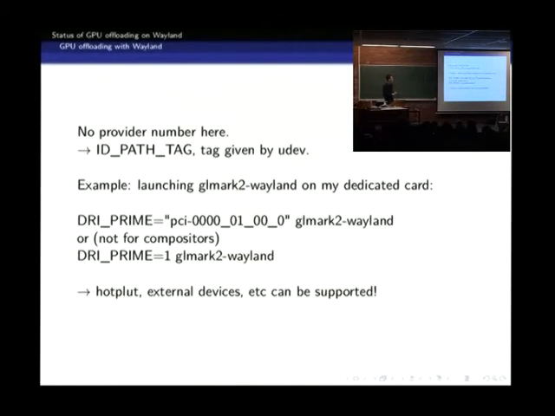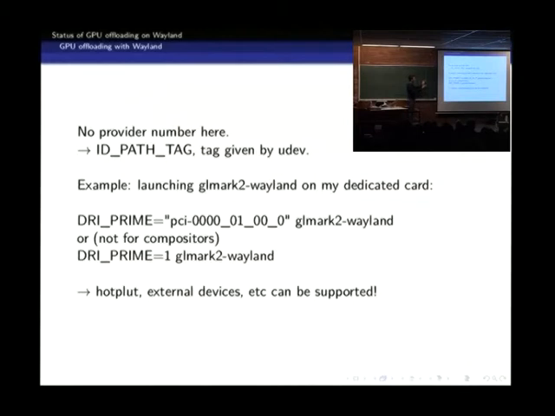So we decided to rely on a tag filled by udev, which doesn't change, and which looks like that. So this is the ID path tag for my dedicated card.